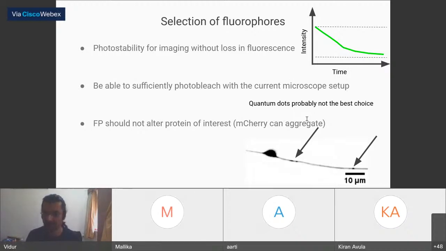That is one. The second thing to be looked at is whether there is autofluorescence or noise in the system.